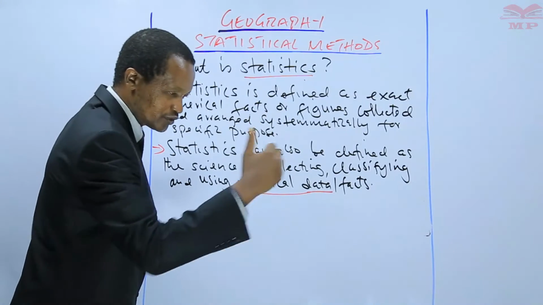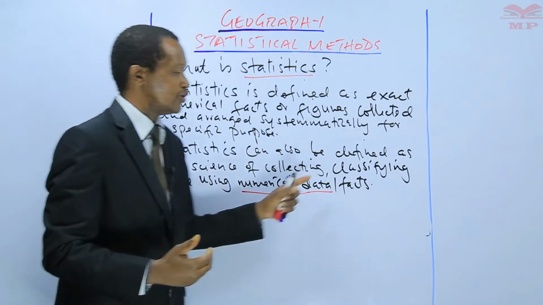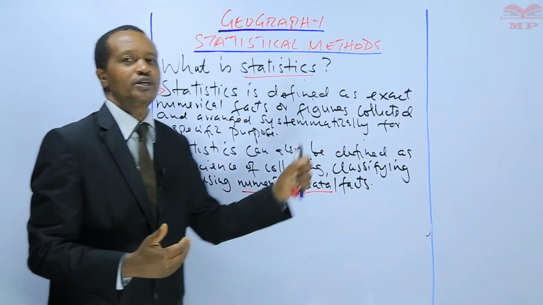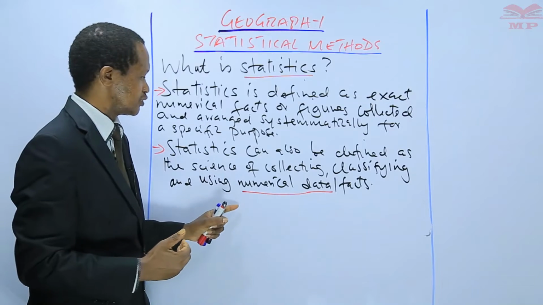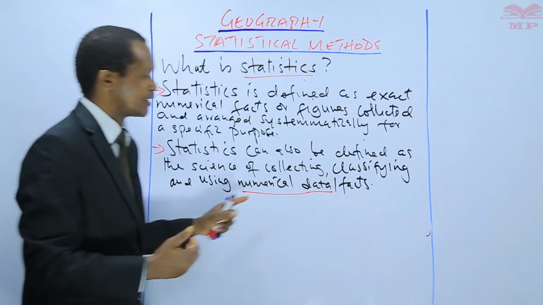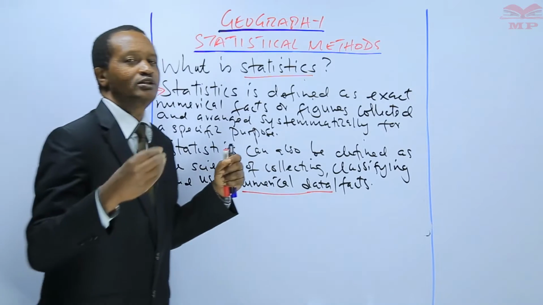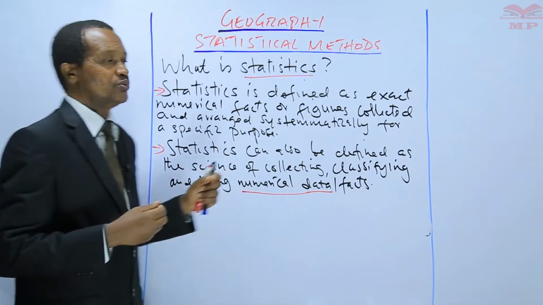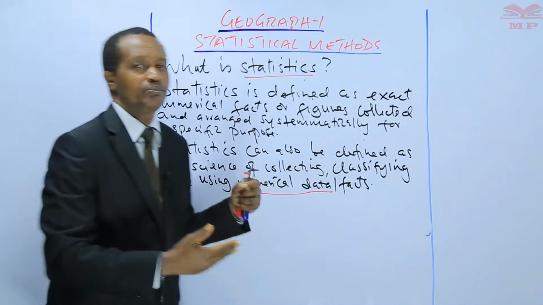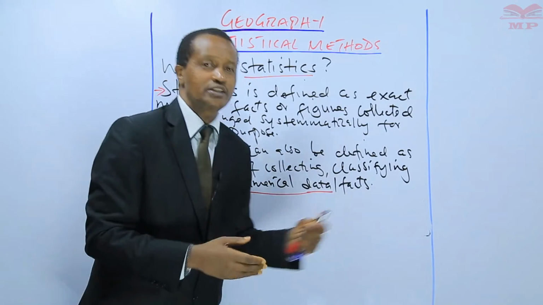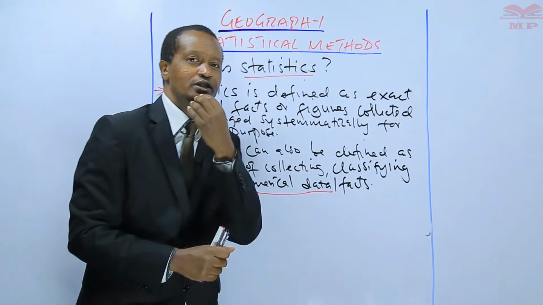That is numerical data. That is information in form of numbers. That's what we are referring to as numerical data or statistical data. So learners, this should not be something that looks difficult. What we are discussing here are things that we come into contact with on a daily basis. I told you we deal with statistics on a daily basis.